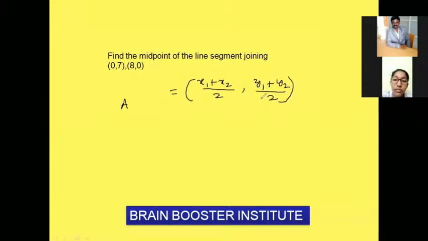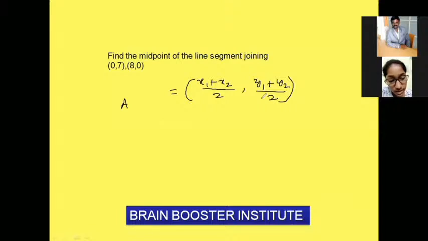Again, it's time to bring your best friend Anya. Shall I bring? Yes, sir. X1 plus x2 by 2, y1 plus y2 by 2. So your maths sir asked her what is the formula to find the midpoint of the line segment joining x1 comma y1 and x2 comma y2.